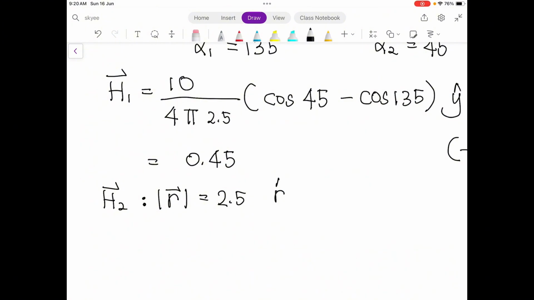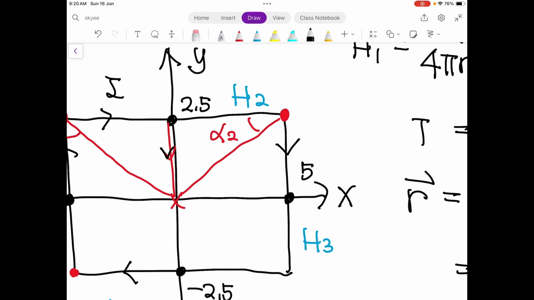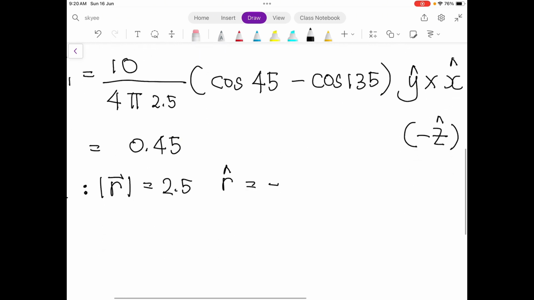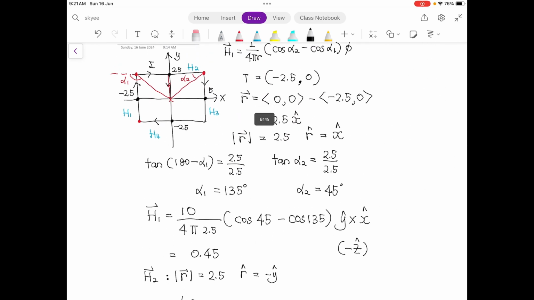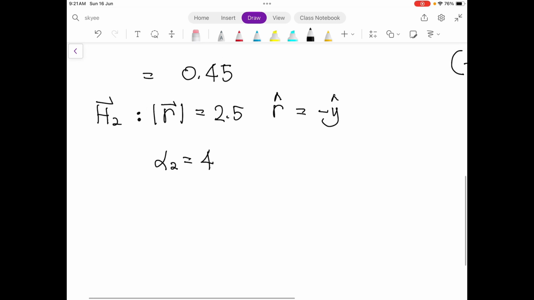For the unit vector r, you look at the direction of this arrow. This arrow is pointing down, so it is negative y. Alpha 2 is equal to 45, same as H1, and alpha 1 is equal to 135.